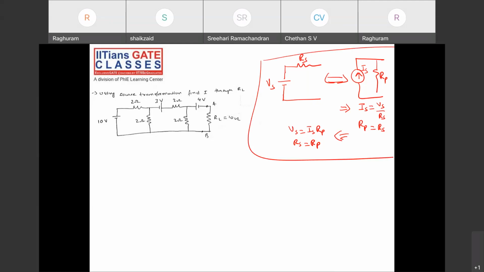Important. Use the source transformation technique. Find the current through resistance RL.